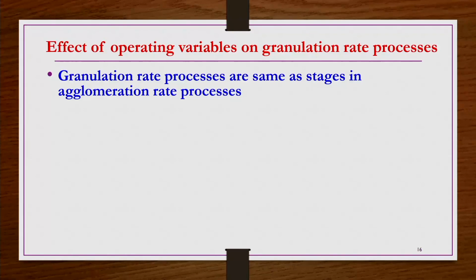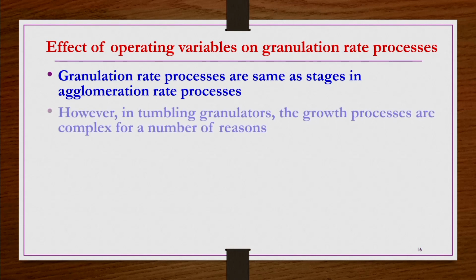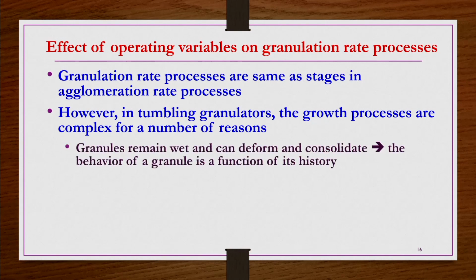In general, these granulation rate processes are the same as the stages in agglomeration rate processes that we have already discussed. However, in tumbling granulators the growth processes are complex for a number of reasons. Why are they complex? We see a few of the reasons. First of all, granules remain wet and they can deform and consolidate. What does it mean?